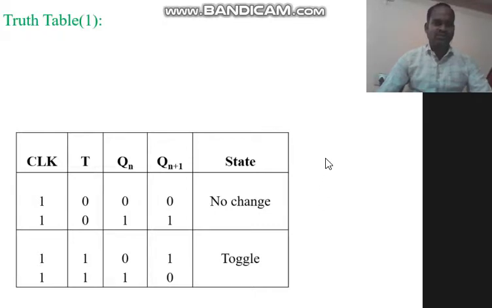So to eliminate the drawback in the JK flip-flop, we go for the master and slave flip-flop. The master and slave flip-flop is the combination of two JK flip-flops combined together. One flip-flop is called the master flip-flop, the second flip-flop is called the slave flip-flop. By using this master and slave flip-flop, we can eliminate the drawback in the JK flip-flop.